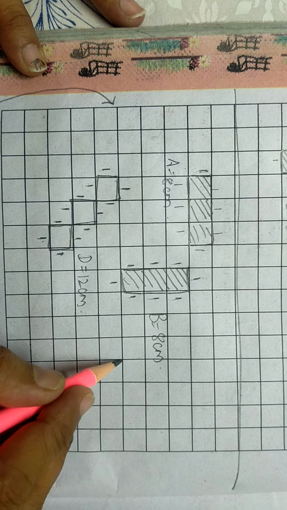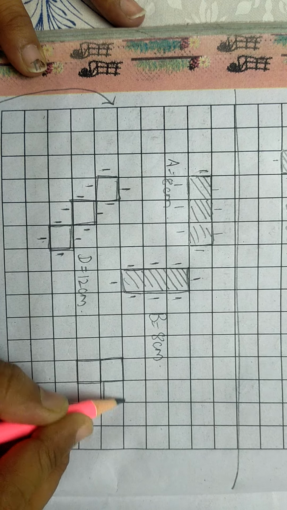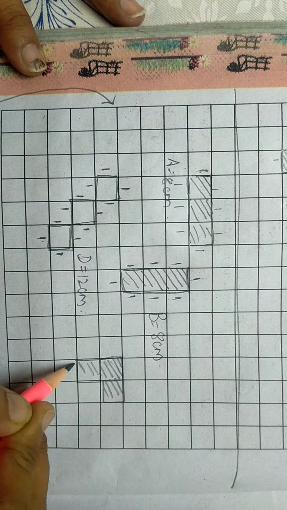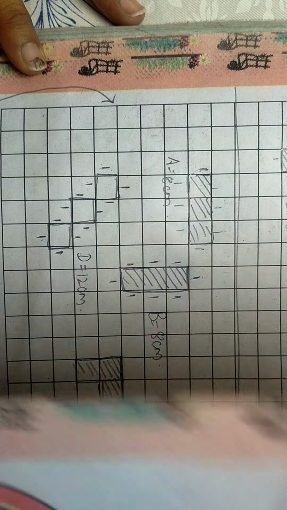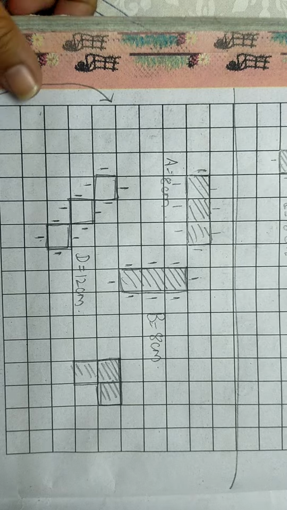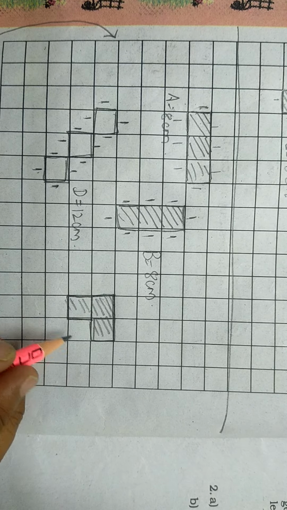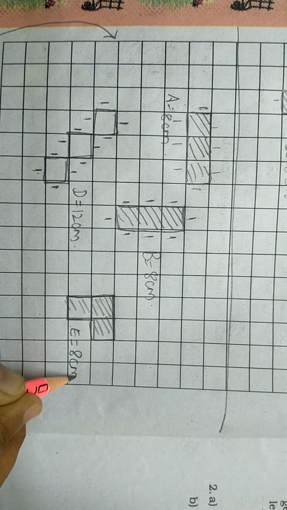Okay. The another one. 1, 2 and 3. Let's count 1, 2, 3, 4, 5, 6, 7 and 8. So I will give name E to it, and it is 8 centimeter.